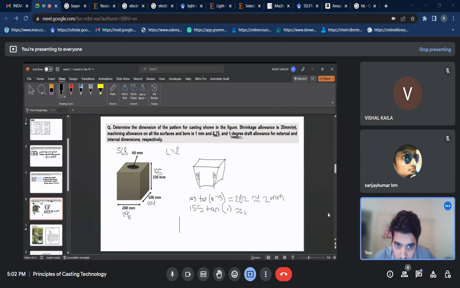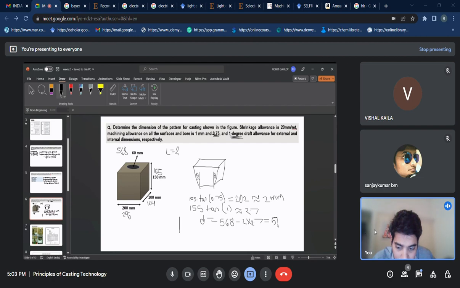If you consider the draft allowance, this is for the outer side, and then for the inner side it will be 155 into tan 1 degree, and it will come around 2.7.